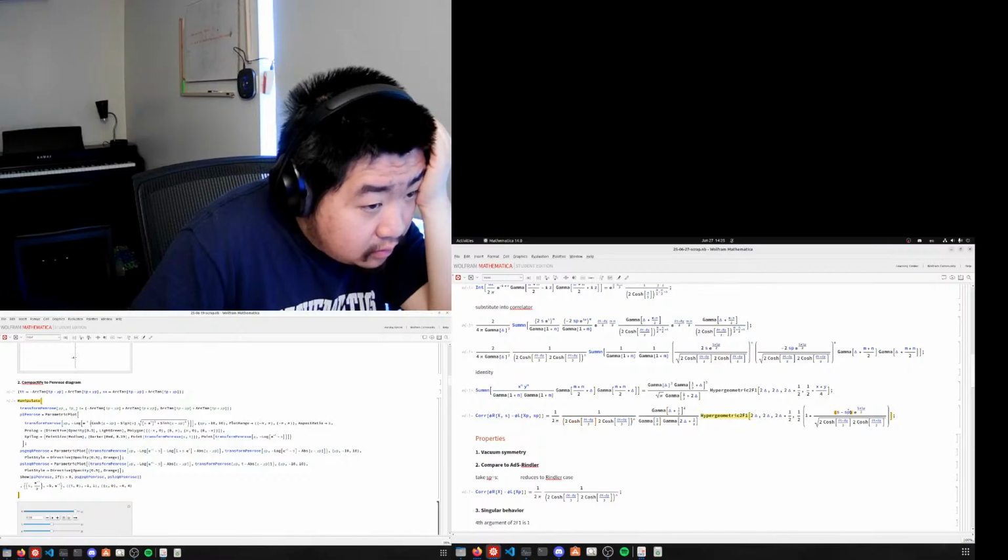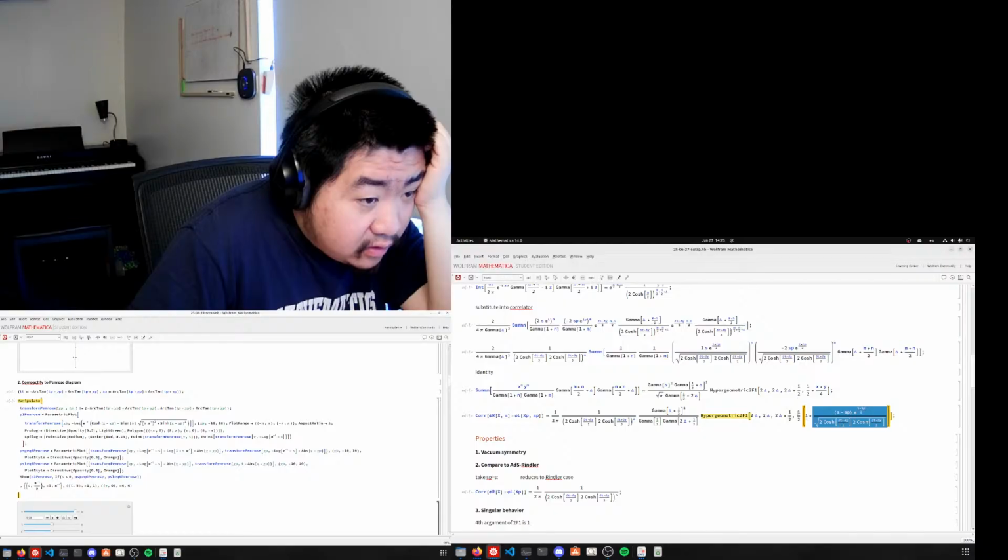Yeah, that's the only way this could be singular. The other possibilities: if this is infinite, either this can be zero or this is finite. For this to be zero, that's impossible because cosh is always greater than one.